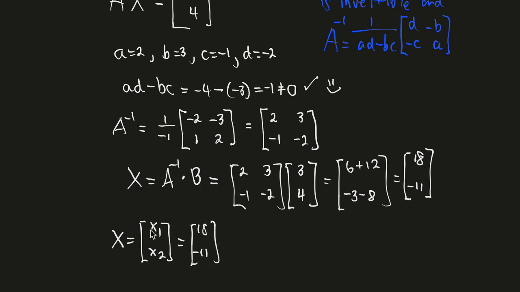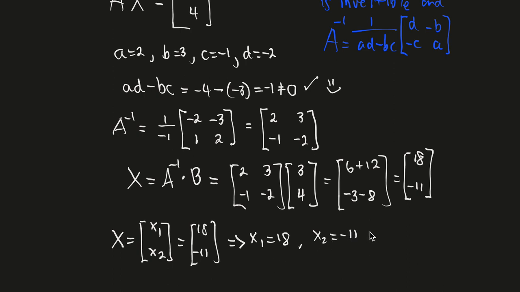Well, what do we have here? We have two matrices that are equal. They have the same dimension, so then the entries must match up. So if we wanted to write an answer like what we're used to when we were solving linear systems, we can say that x1 is equal to 18 and x2 is equal to negative 11.